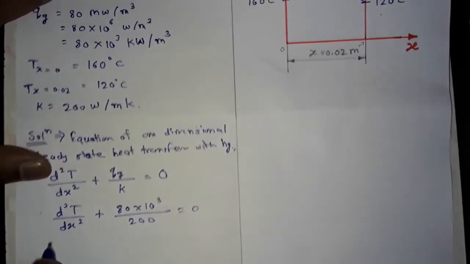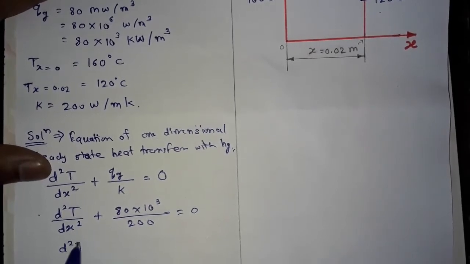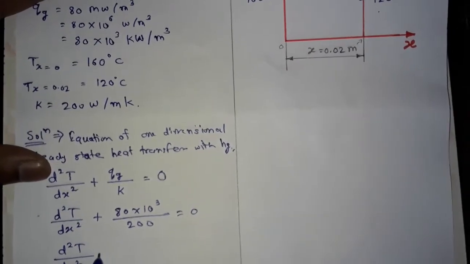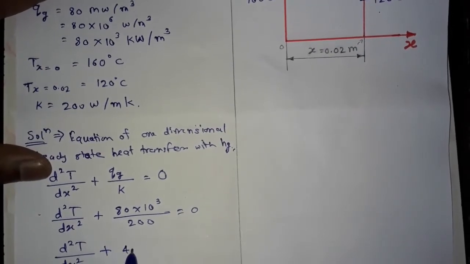Now let's solve it. After solving this, we get d square T upon dx square plus 400 into 10 raised 3 is equal to 0.